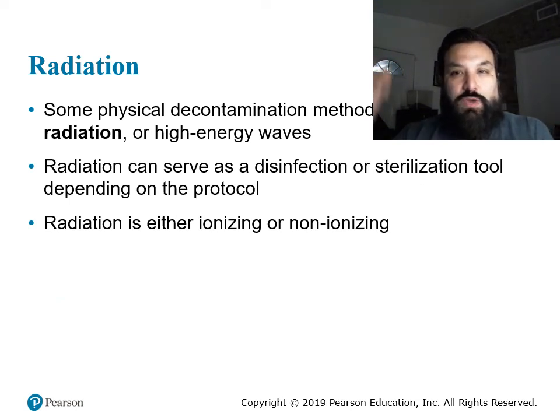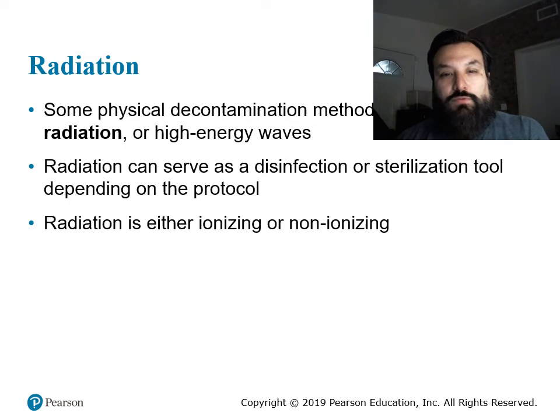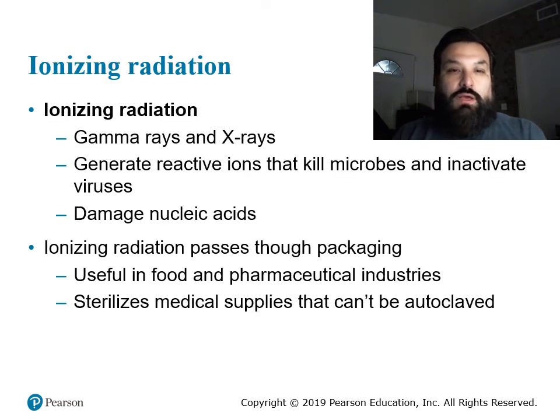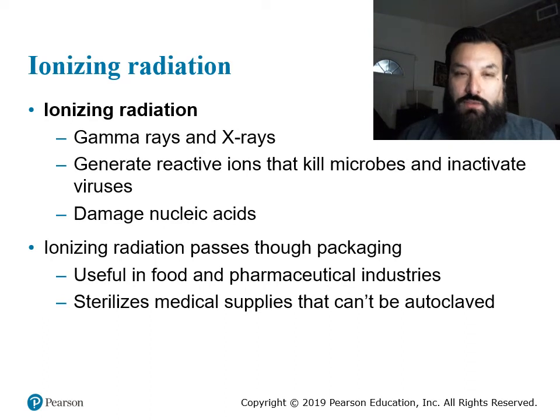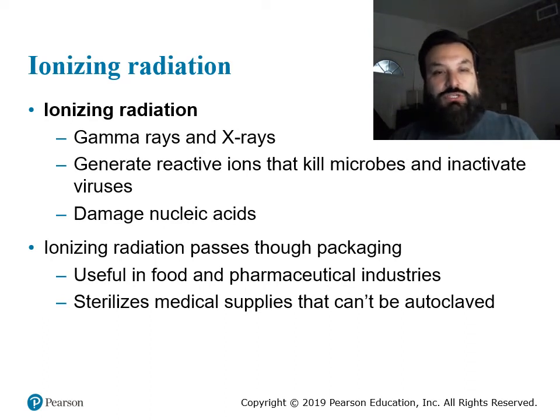Radiation, high energy waves. Radiation usually comes naturally from the sun, for example. But we also figured out how to synthesize radiation. We can use machines like X-rays, for example, that give off radiation. Machines like gamma rays or X-ray machines can shoot ionizing radiation.